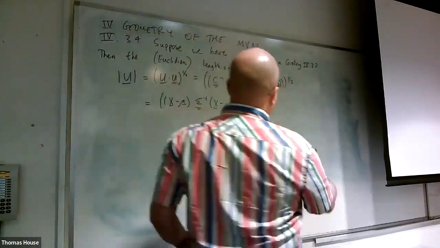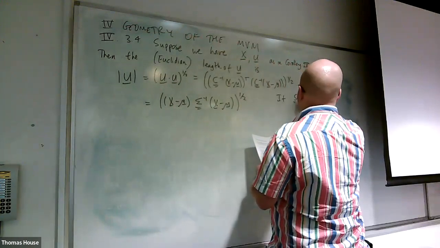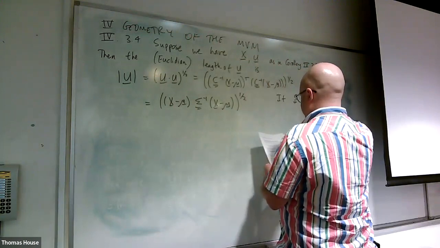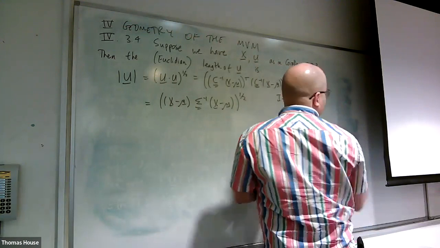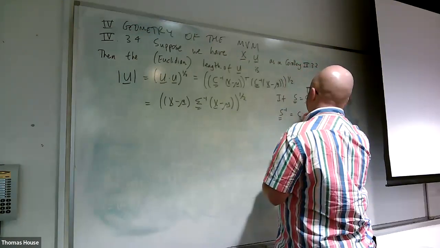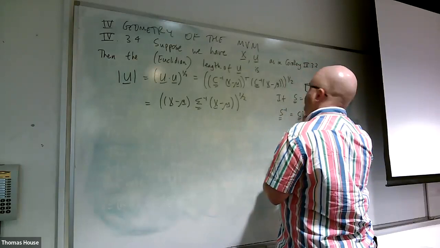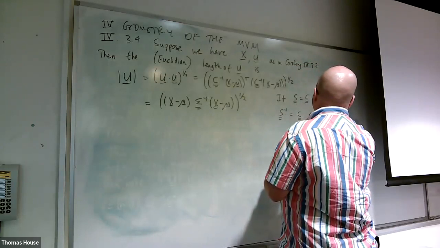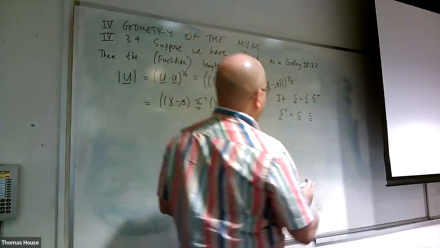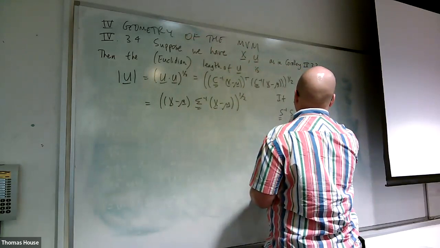And this holds because if S equals C C transpose, then S inverse equals C transpose inverse times C inverse. So S inverse has to obey S inverse on S equals 1.